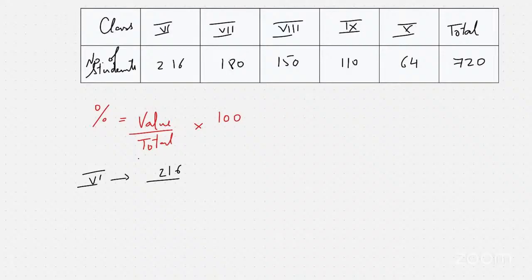In this one, do not multiply it with this. Let's change the formula: 360 degree divided by total into value.